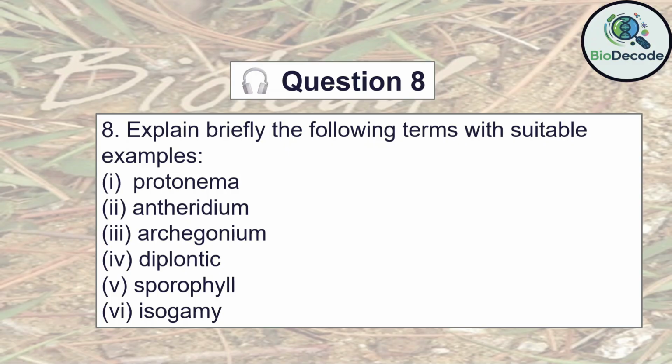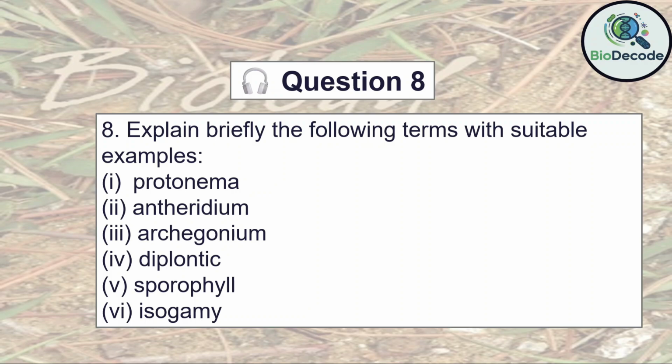The male reproductive organ found in bryophytes, pteridophytes, and gymnosperms. It produces motile male gametes called antherozoids. Third, archegonium. The female reproductive organ, flask-shaped, containing a single egg cell, present in bryophytes, pteridophytes, and gymnosperms.